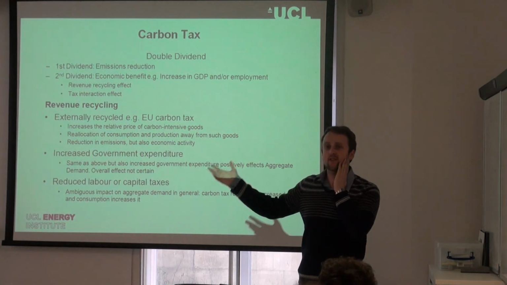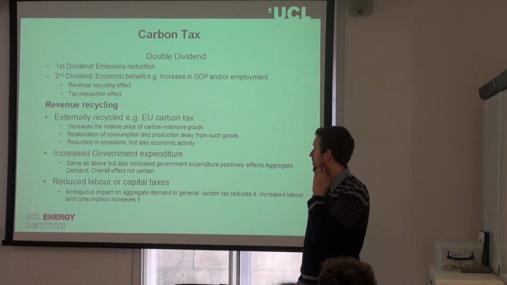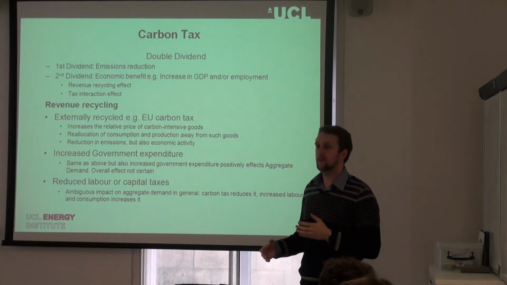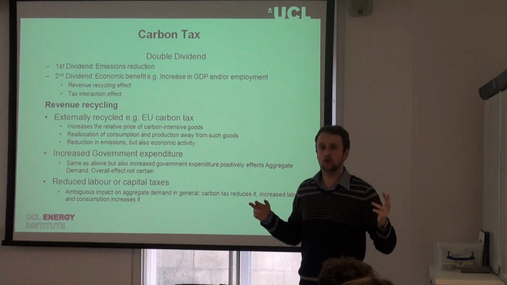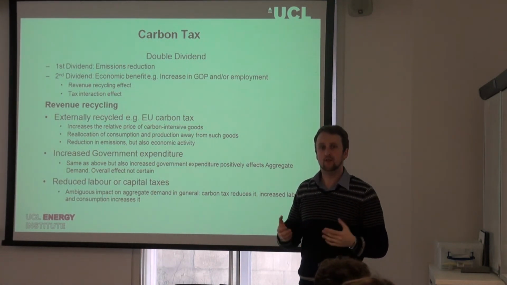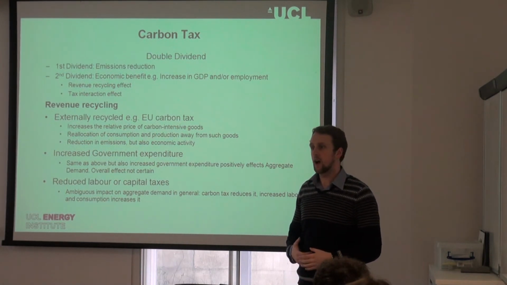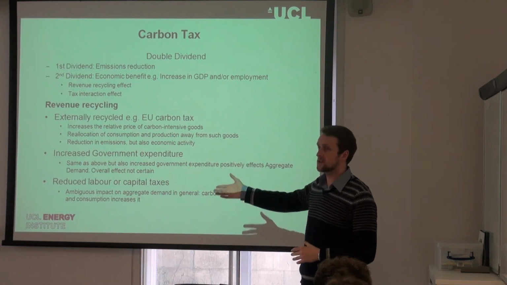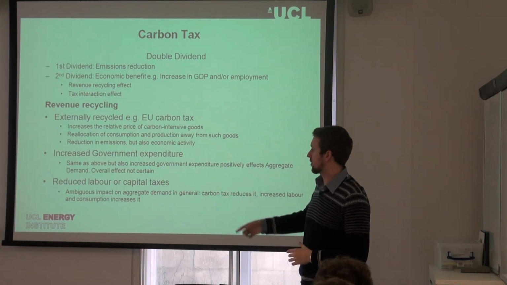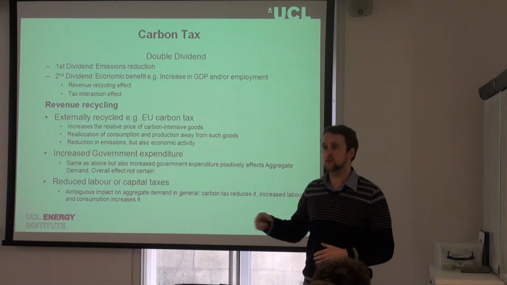But it gives a good baseline scenario. And then the other one is an increase in government expenditure. So all of the tax is what we call revenue neutral, in the sense that you take the tax, but then it's all put back into the economy, either through government expenditure, or it could be put back into the economy through reducing other taxes.